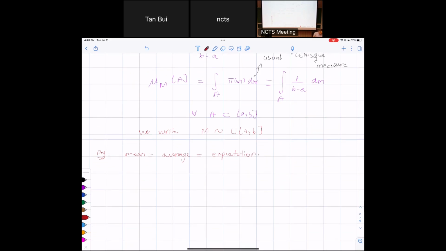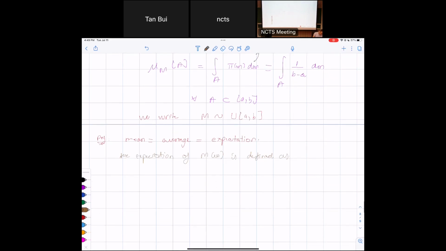Okay, so the expectation of M is defined as E with double bar.